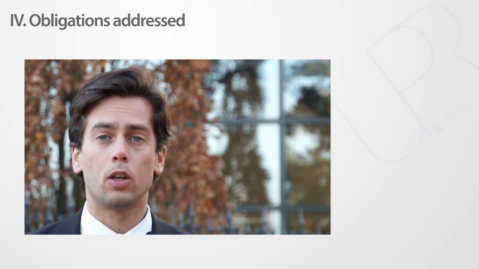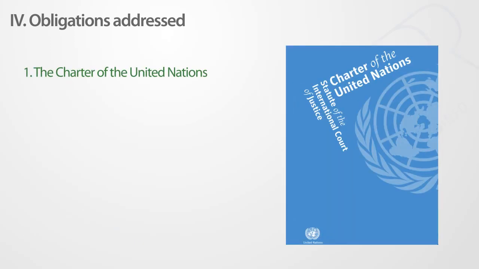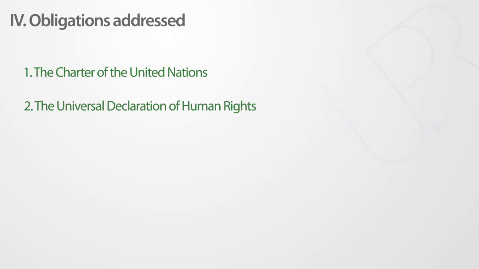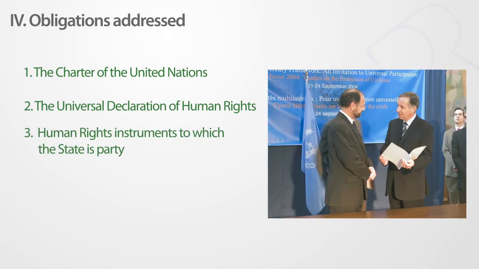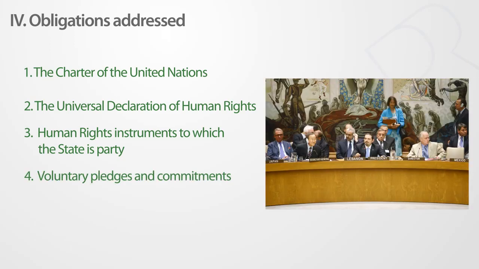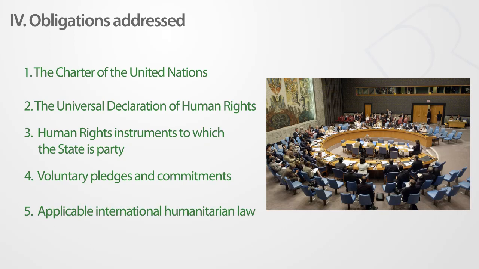This resolution contains notably the obligations to be addressed at the UPR: the Charter of the United Nations, the Universal Declaration of Human Rights, human rights instruments to which the state is party, voluntary pledges and commitments made by the state, and applicable international humanitarian law.